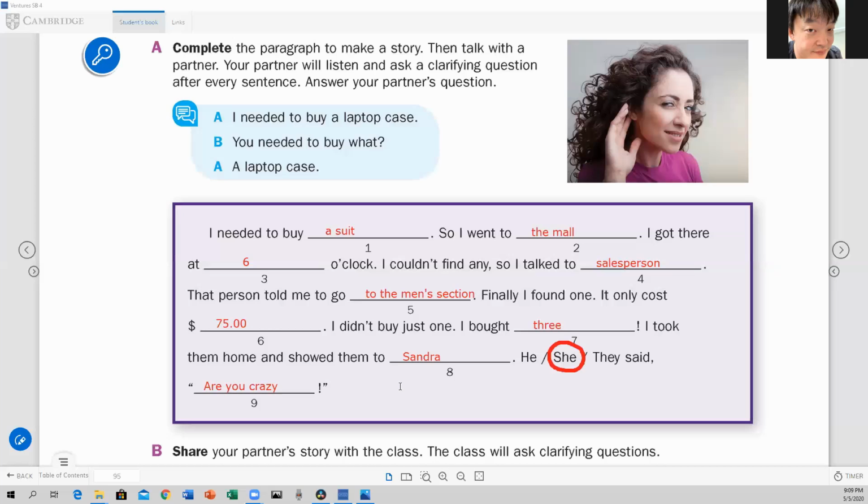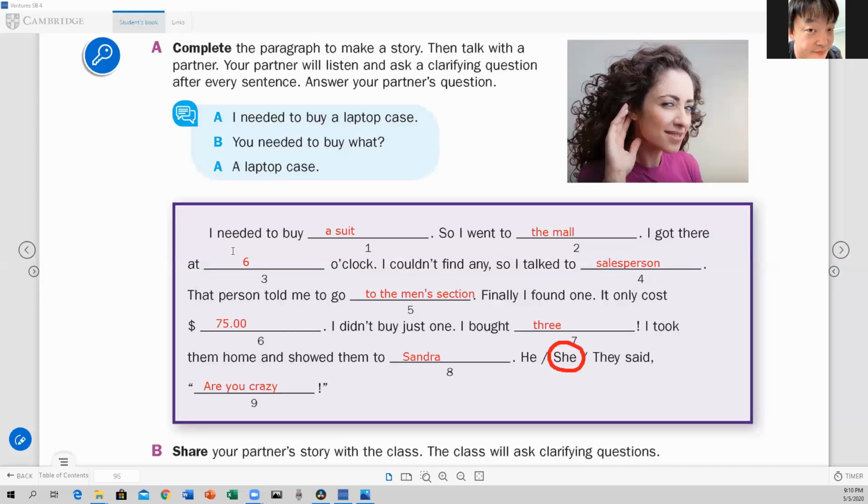Okay, this is what you had to do. Do you have any questions? I think clarifying questions is a pretty straightforward subject, not that difficult, because it's very similar to Spanish and Portuguese grammar. So now we'll move on. Why don't we go to the workbook?